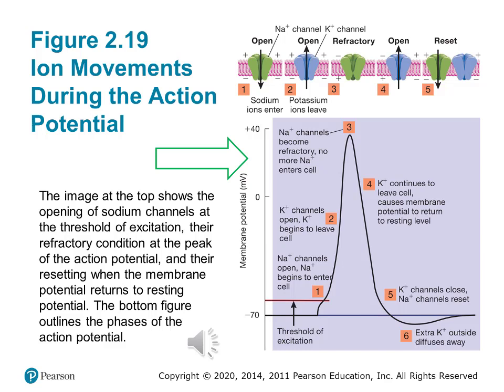During this step, potassium ion channels close and the sodium ion channels get reset. Finally, at step 6, which I alluded to when I mentioned the horizontal x-axis, it's below the threshold, and during this step, the extra potassium ions outside diffuse away from the cell.